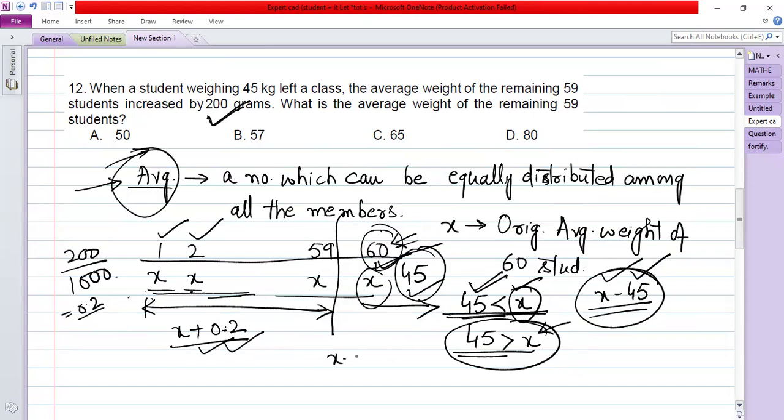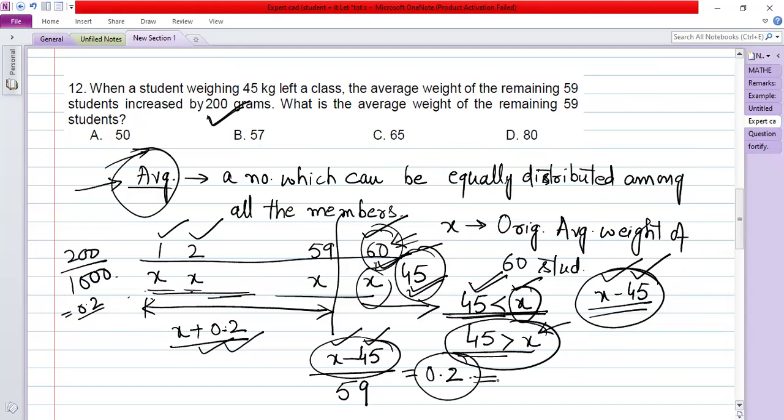Why is this difference created? Because the 60th student, whose weight was 45, left. Now this difference, when equally distributed among the remaining 59, will give us the change in the average. So this one can feel easily.